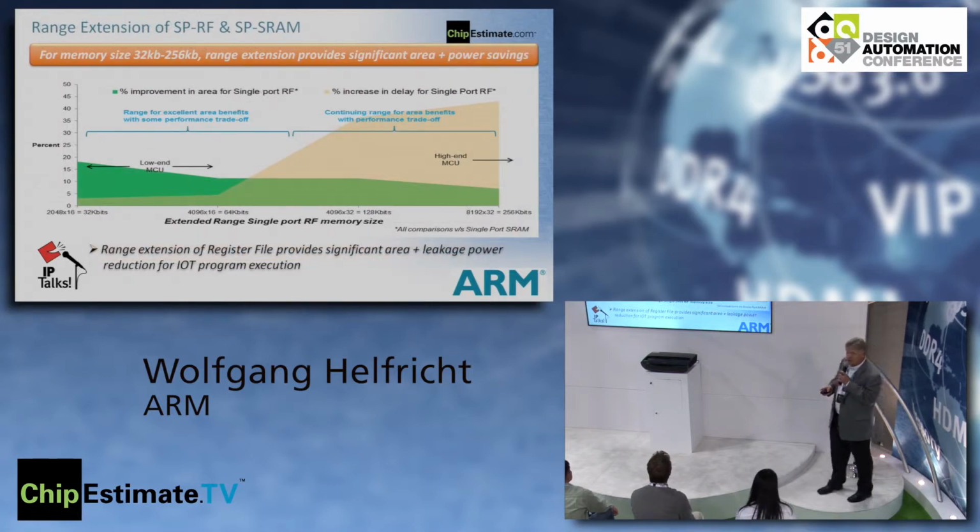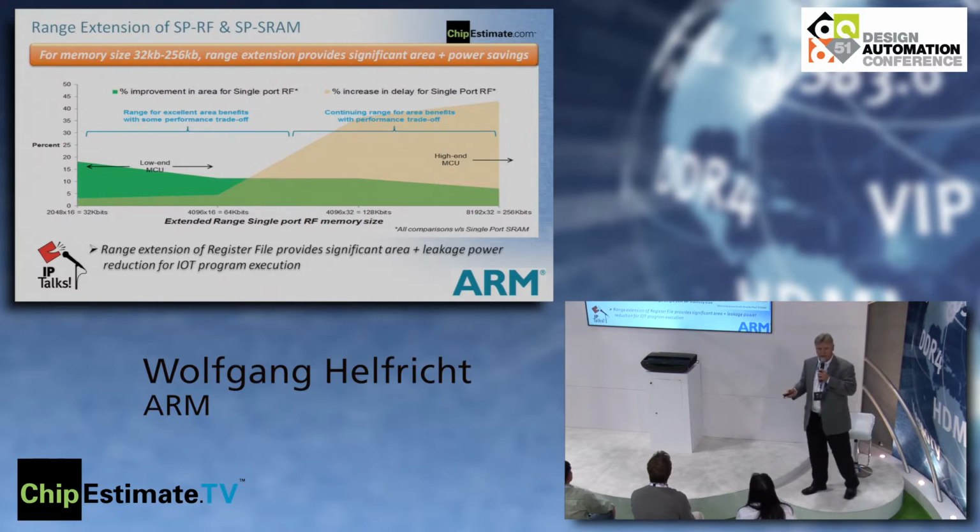On the IP side, we have done some development there too. We have, for example, a register file, which typically covers about half the range shown here, because for larger instances it is no longer competitive in terms of performance. So there an SRAM is used.